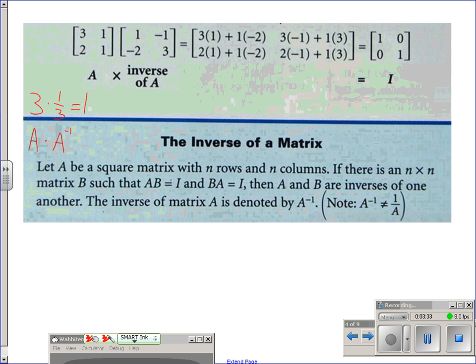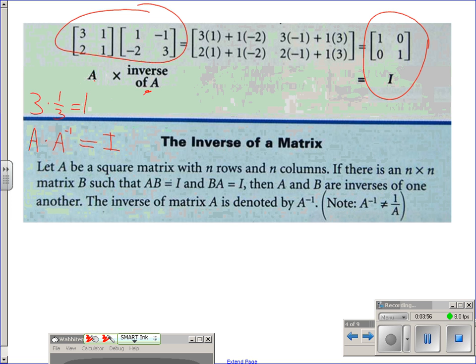Again, it's not an exponent, it's just notation. You take a matrix and multiply it by its inverse, you're getting the identity matrix. Okay, and that's what is done here. You have A times the inverse of A, and you are getting the identity matrix.